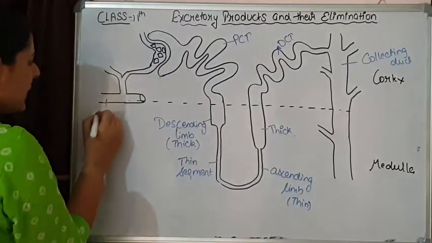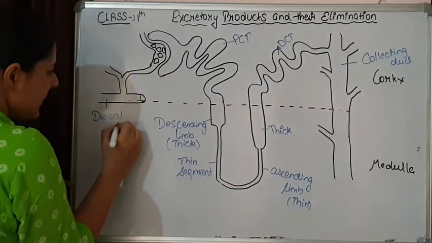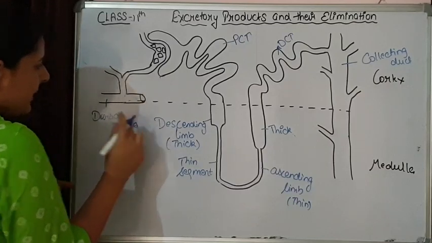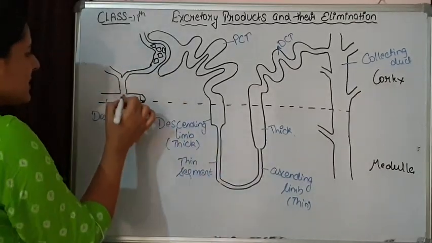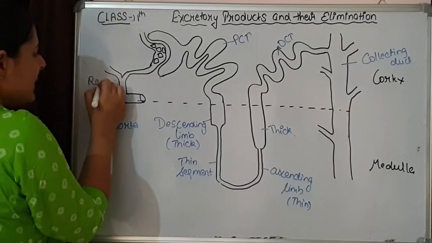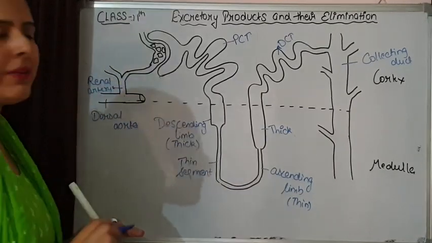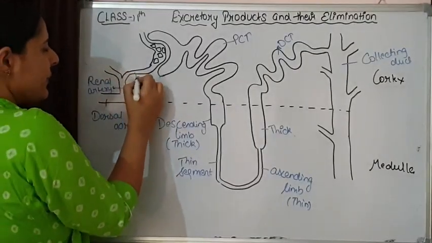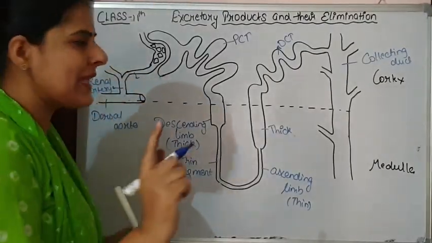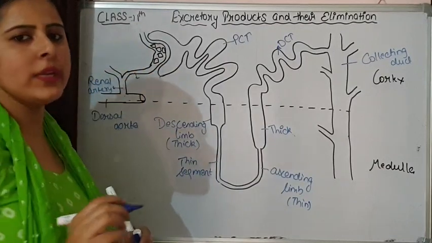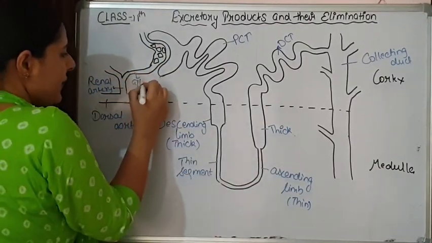So over here the dorsal aorta is coming, carrying the impure blood. This dorsal aorta is giving rise to the renal artery. The renal artery is going to divide into arterioles, and the arteriole that is entering into the Bowman capsule is the afferent arteriole.